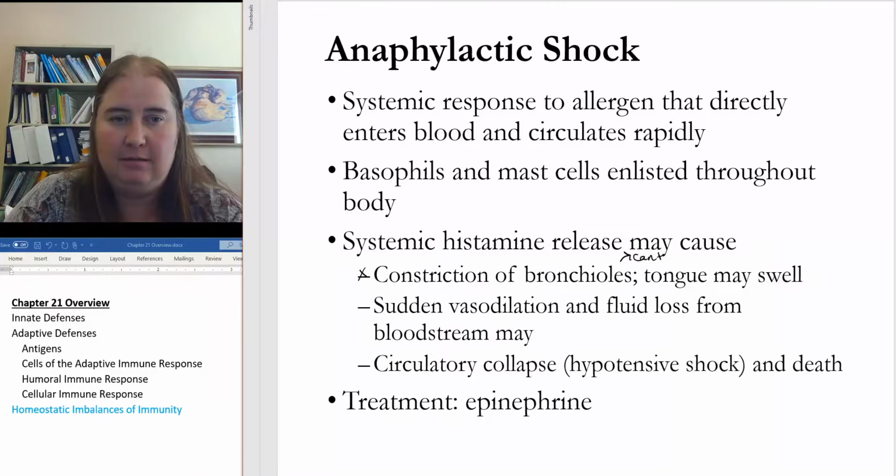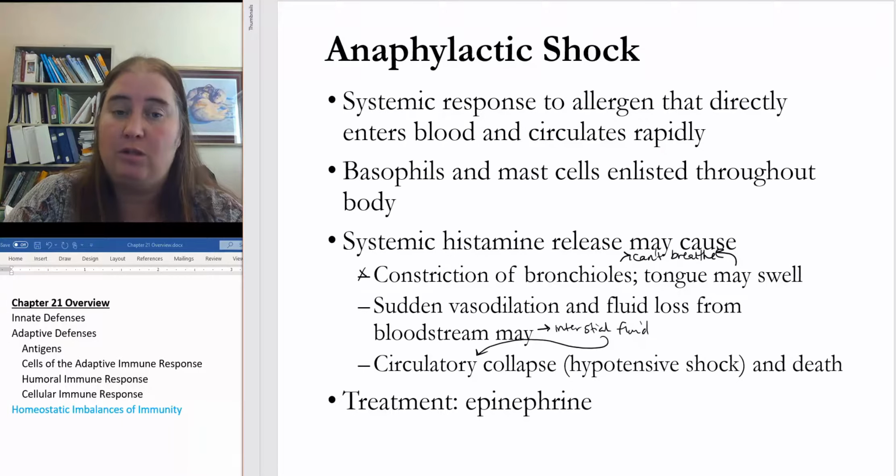Can't breathe. Causes your tongue to swell. Can't breathe. You get a sudden vasodilation and fluid loss from your bloodstream. So typically, because of this massive dumping into our interstitial fluid, you go into circulatory collapse or hypotensive shock.